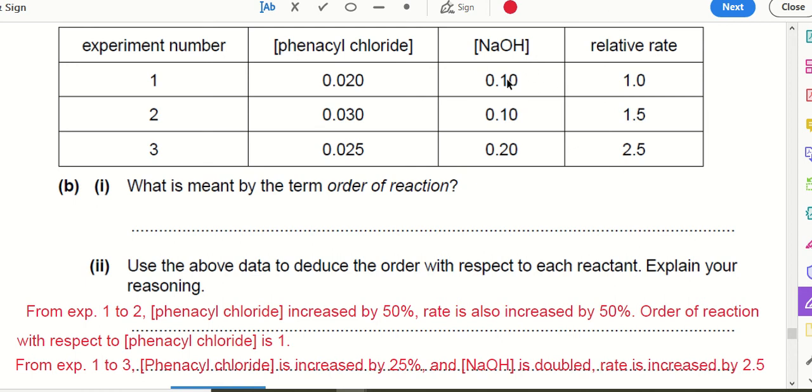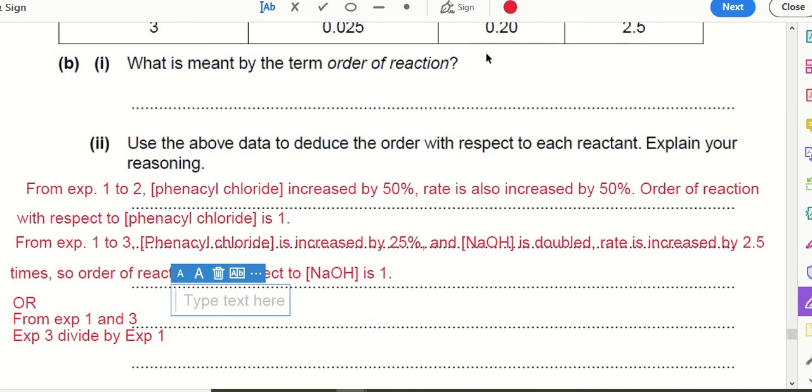So I'm going to do the concentration of sodium hydroxide to the power of x, for example.